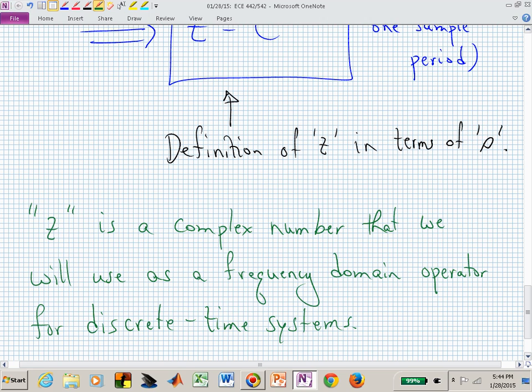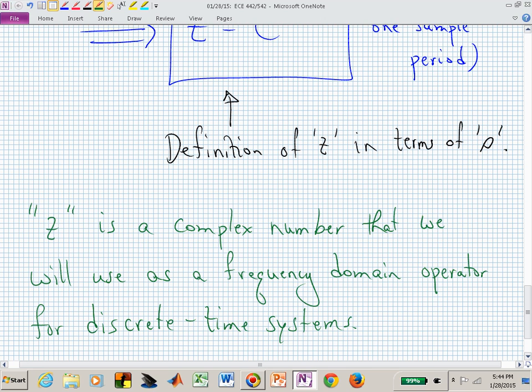Just like we had this s as an operator for continuous time systems, if we multiplied something by s in the frequency domain, what did that correspond to in the time domain? If you saw an s operating on something in the frequency domain, let's say a capital X of s, what did that correspond to if you went back into the time domain?